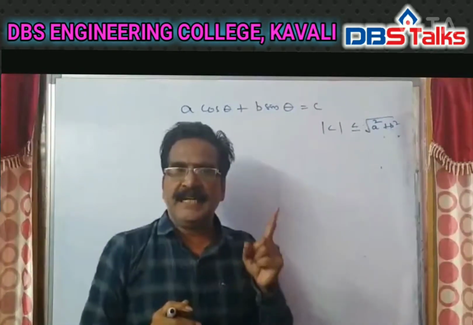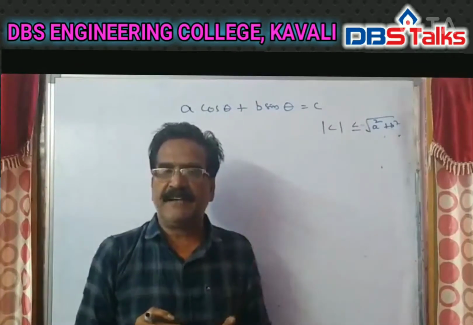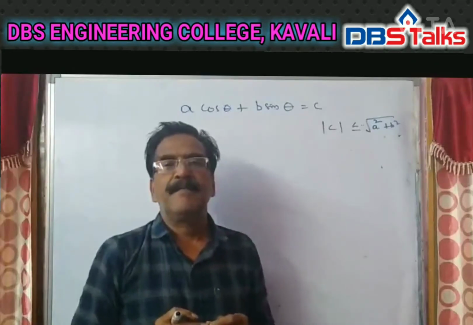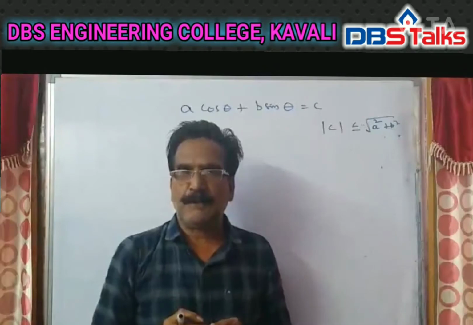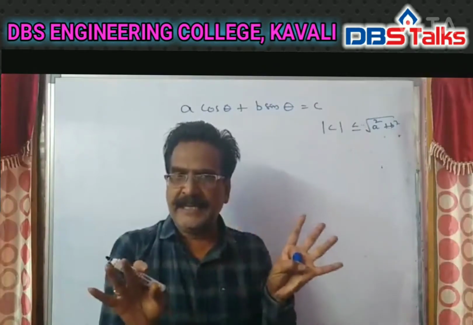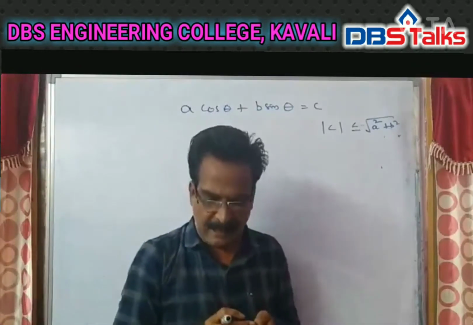Only when mod c is less than or equal to root of a square plus b square will the given equation have a solution. If mod c is greater than root of a square plus b square, then the equation doesn't have any solution. I tell you a small example.